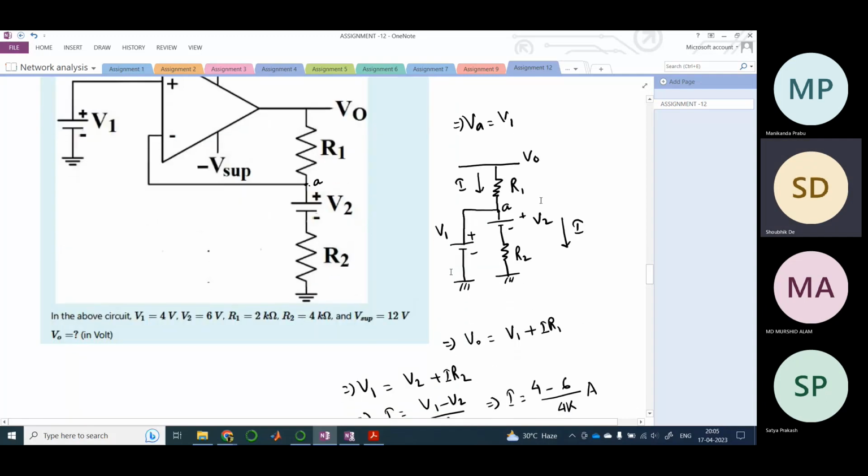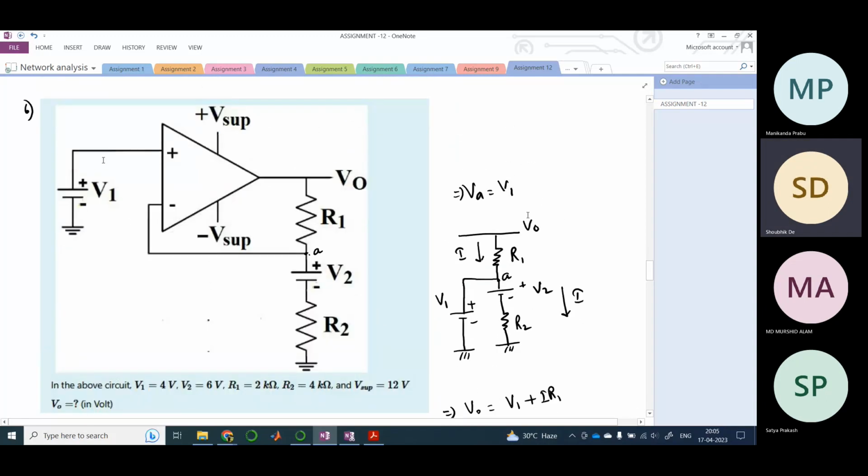You may ask why we are considering that there is no current flowing from V1 into this node. Because this is a voltage source, and in the previous assignments we saw that any voltage source sends a current. But here we have assumed that in an ideal op amp, there is no current unless there is a feedback path.